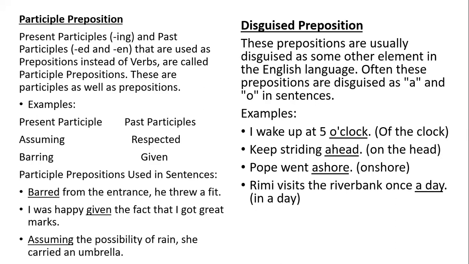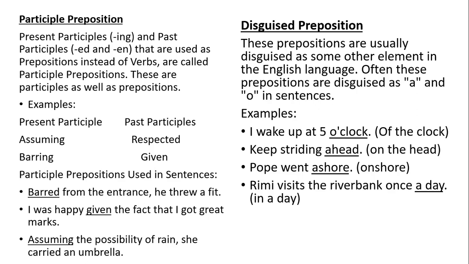Something hidden, something like undercover, or something not clear, something not easily understandable. So these prepositions are called disguised preposition for a very specific reason, because how they are used within a sentence, they don't have the same form as any other prepositions.